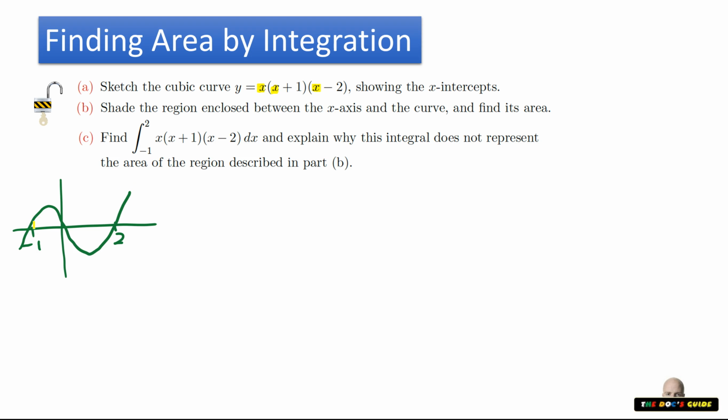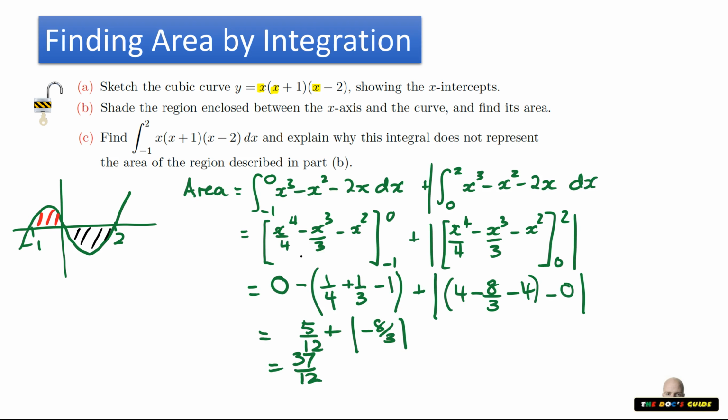Then, if we look at the areas that we would want to find to get the area trapped between the curve and the axis, we can see that we've got a positive area between minus 1 and 0 and a negative between 0 and 2. So to find the area enclosed, we need to break the region up into two parts.